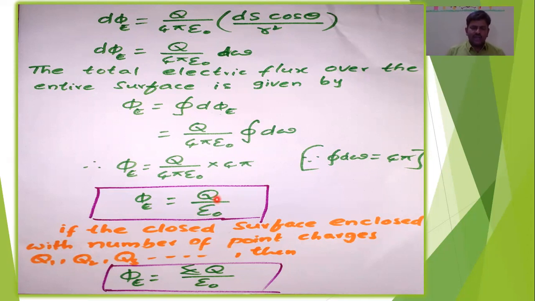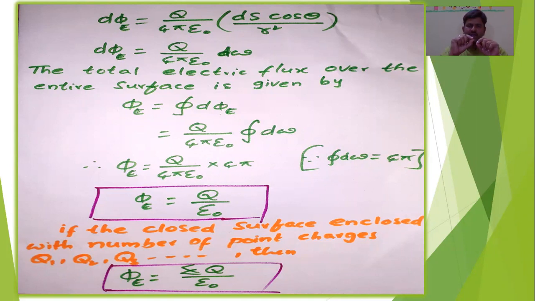Here, the use of Gauss law is this. If a point charge is there, we can calculate the electric field intensity using Coulomb's law also. But if there are a number of charges inside a closed surface, it is very hard to calculate using Coulomb's law.